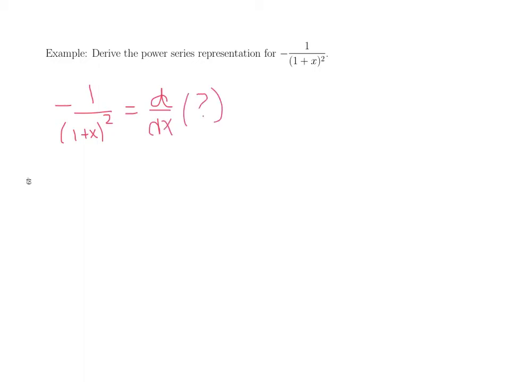That's going to be our goal, because it's definitely not just 1 over 1 plus or minus something. But it does look like 1 over 1 plus x, but it's just got this negative and a squared. And if you look at it for just a minute, thinking about going backwards, I'm pretty sure that this is just the derivative of 1 over 1 plus x.